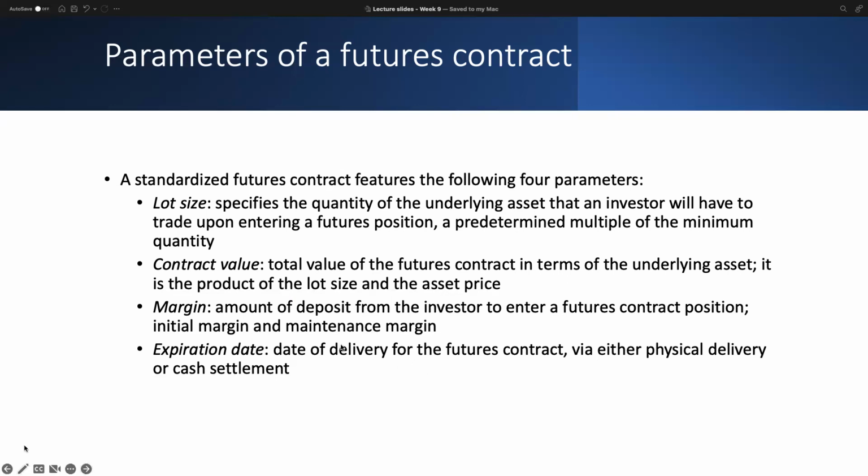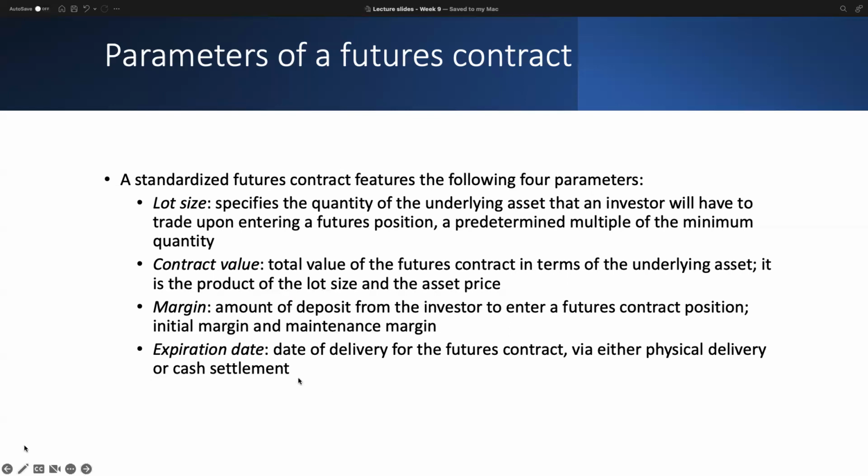If the amount in the margin account falls below the threshold specified by the maintenance margin, then the investor would get a margin call to top up the margin account. That goes back to the initial margin.